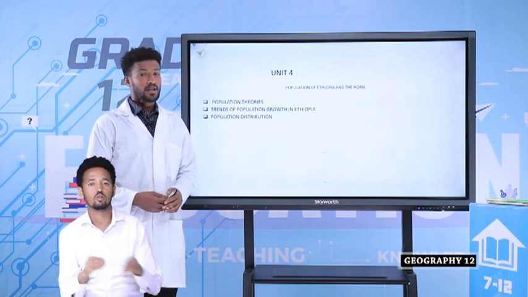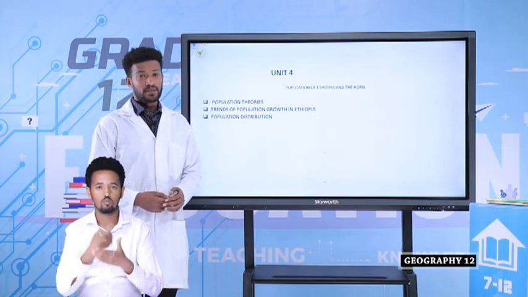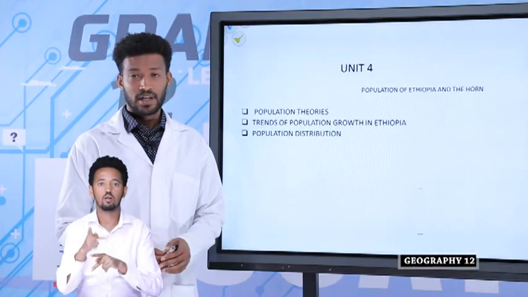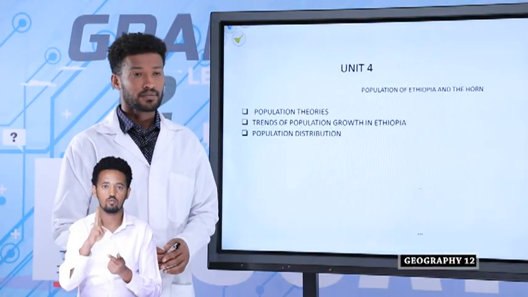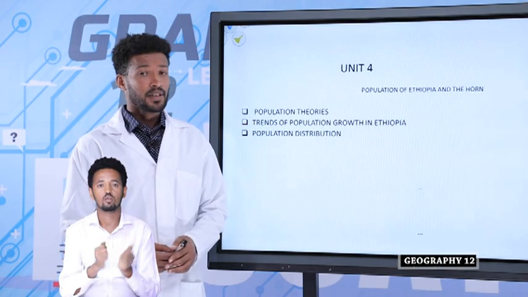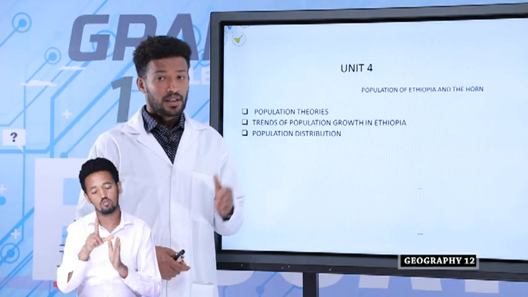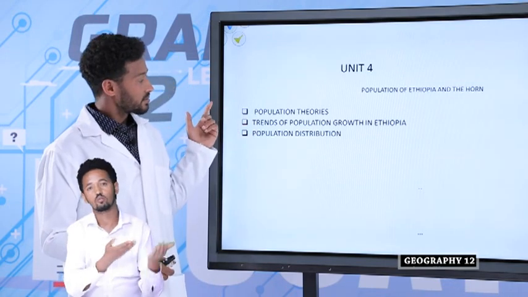Students, what did you learn in your last period of grade 12 geography? To revise our previous lesson, these were the topics.